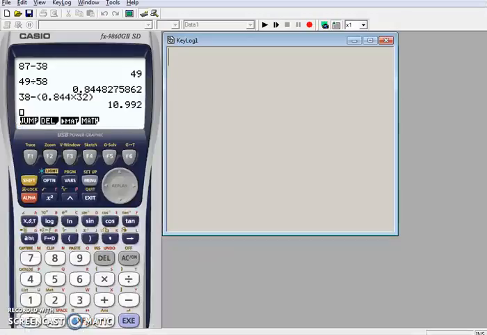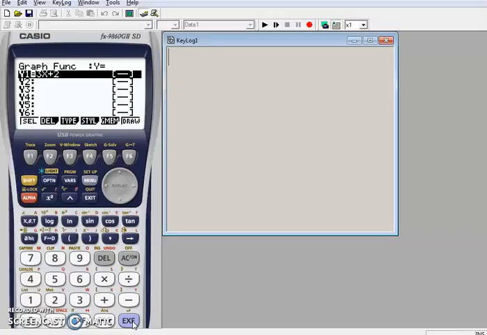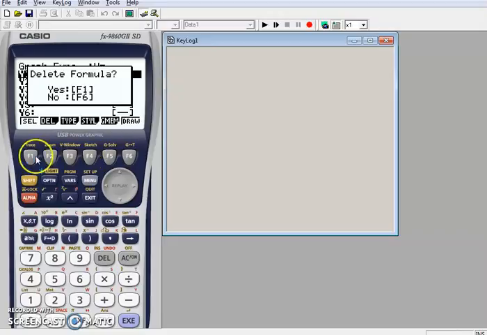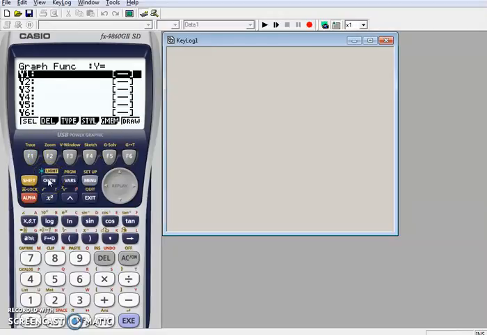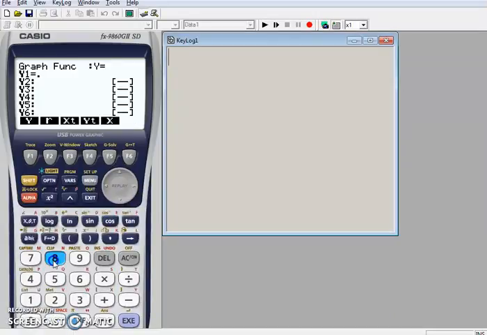by going to your calculator, and go menu to graph, and you can plug that one in. Y equals, what was it? 0.844. Now x, your x variable button is here. Ignore the button up here, I don't know what that is.